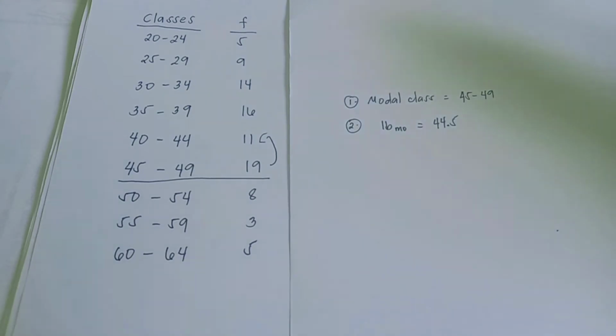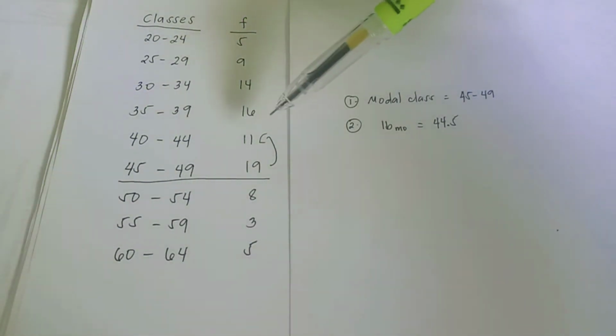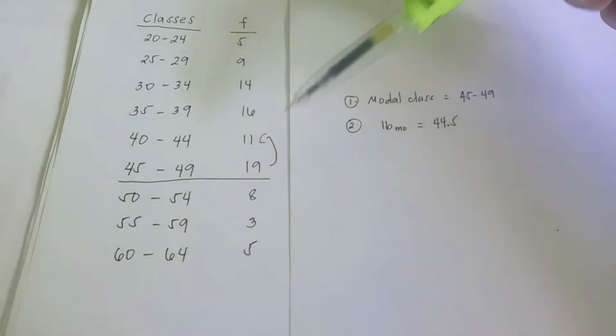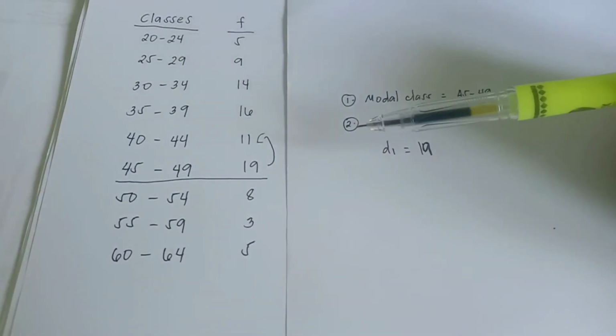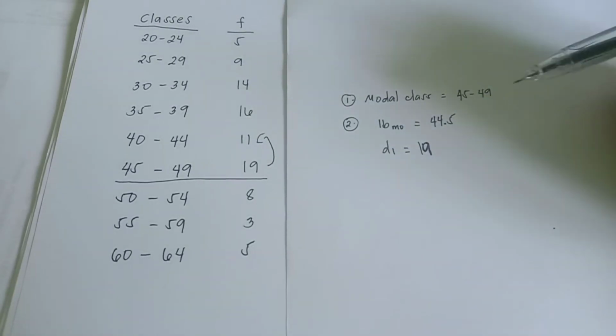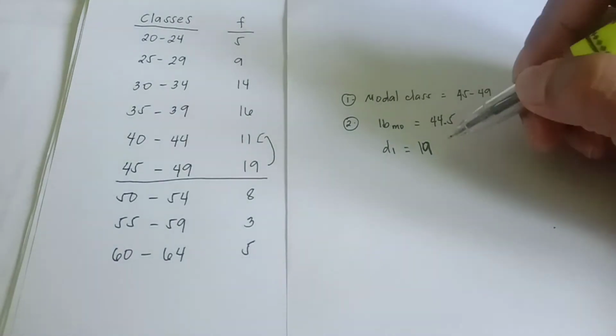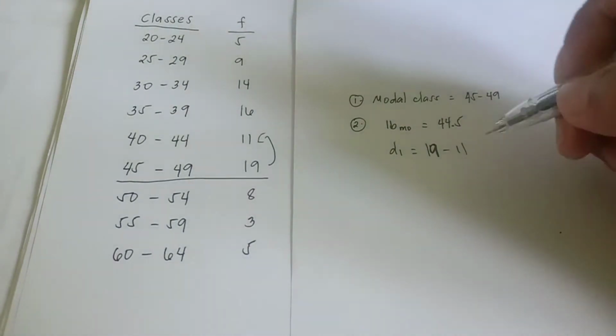Okay, kasi ito yung lower class, diba? So, d sub 1 is equal to 19 minus 11, which is equal to 8.